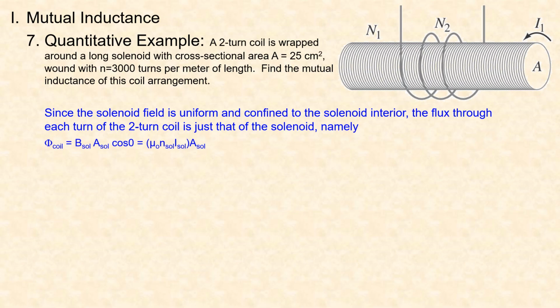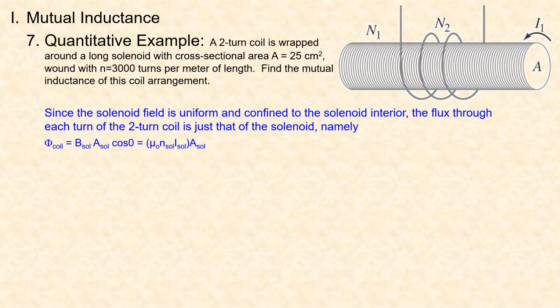So, in other words, we can then say that the magnetic flux through the coil is due to the magnetic field created by the solenoid that penetrates the coil. And you'll notice that the solenoid field penetrates in a direction that is perpendicular to the plane of the two-turn coil. So our cosine theta factor is really 1.